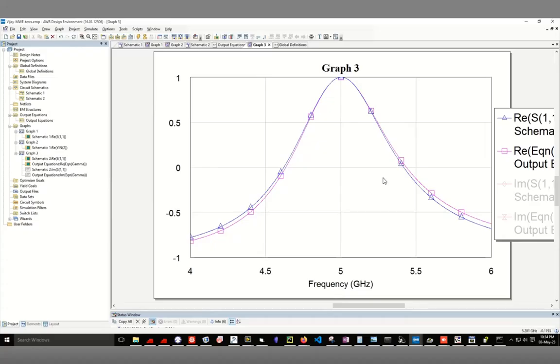So you see it starts to deviate. Because now the resonance is much broader, see this here is going from 4.6 to 5.4. That's about 800 megahertz on top of 5 gigahertz. So it's not such a sharp resonance anymore. So the approximation failure starts to show up.